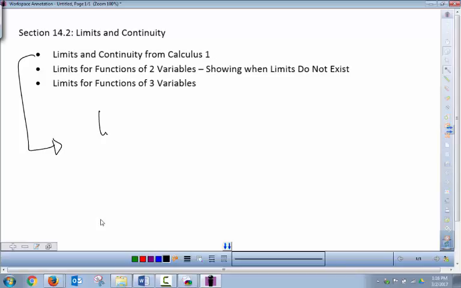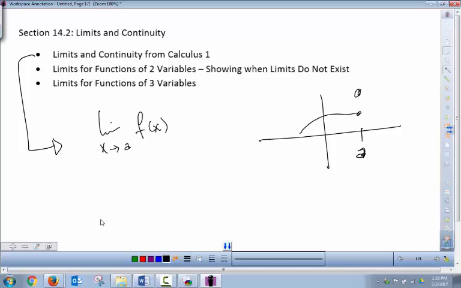When we take the limit as x approaches a particular value of a function, there's a couple of ways for this to not be continuous, and one of the things that we're going to be interested in showing is where it's not continuous. You know, one of these is an open circle. The other one can be open or closed, it doesn't matter.